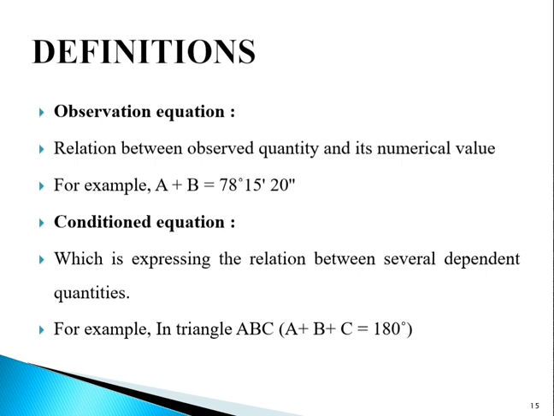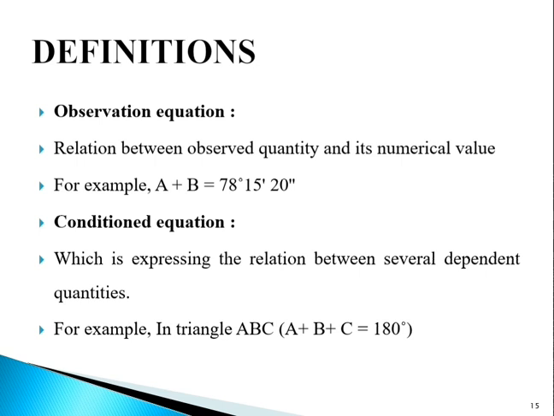Next is observation equation. An observation equation is the relation between the observed quantity and its numerical value. For example, A plus B is equal to 78 degree 15 minute 20 second is an observation equation for the angles A and B. Next is condition equation.